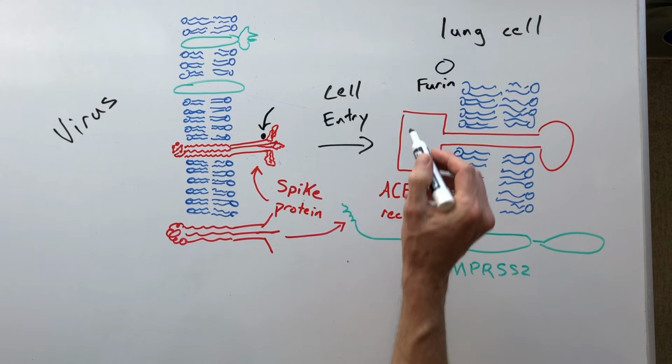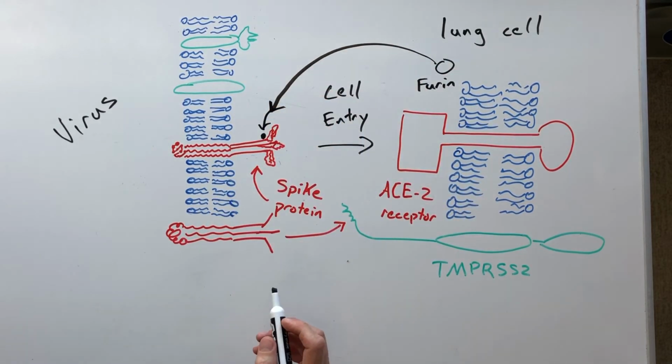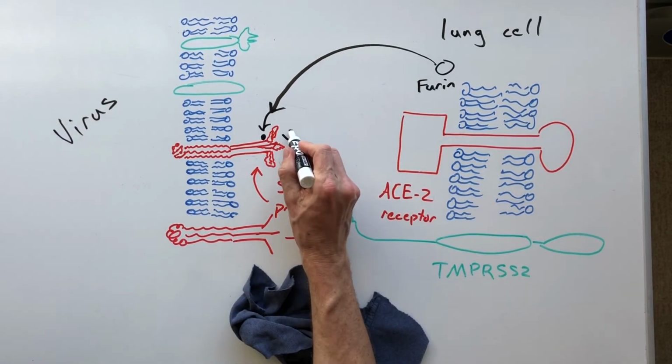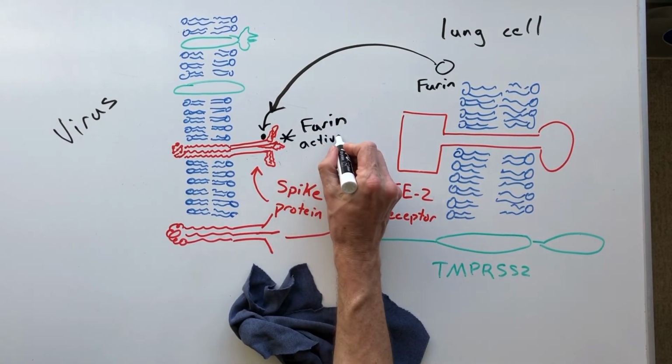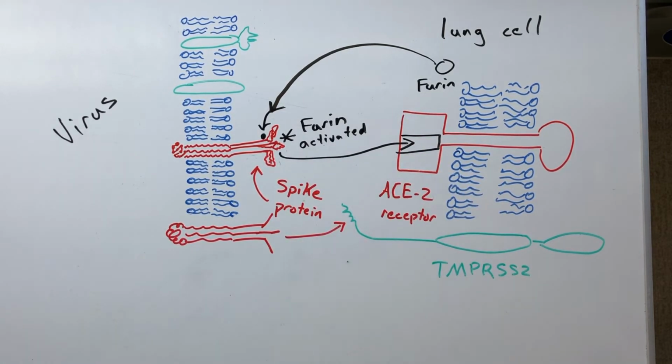All of the proteins shown on this diagram are anchored in the plasma membrane. They're all transmembrane proteins. So really the virus and lung cell are very close together. Everybody's close enough to be activated and then latch on or bind to somebody else. The activated trimer spike protein will then be able to bind to the ACE2 receptor and change its conformation. And now we get a chain reaction as energetically favorable shapes start appearing all over the lung cell and the virus.